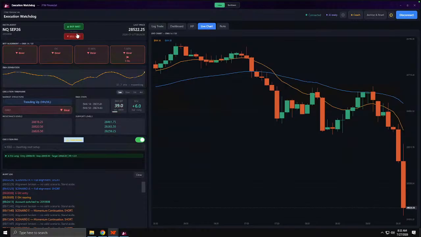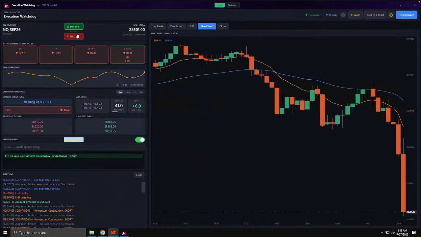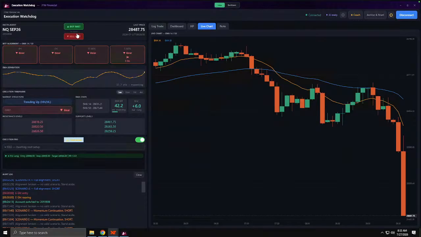So I just want to wait for a pullback before I join the short. Right now the market is confirmed, it's clear it wants to go down. So no pullback. There's a rapid acceleration to the downside.